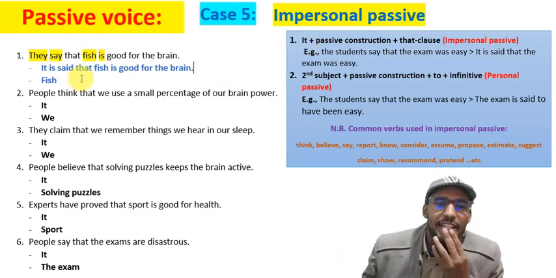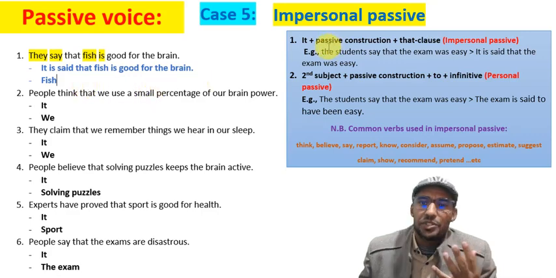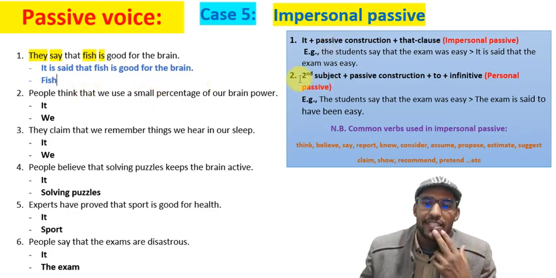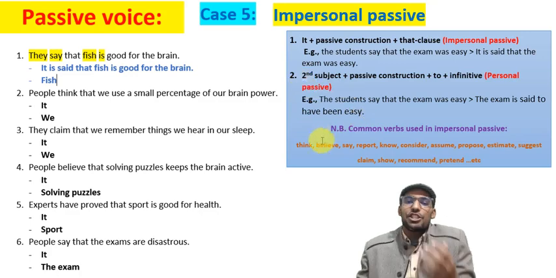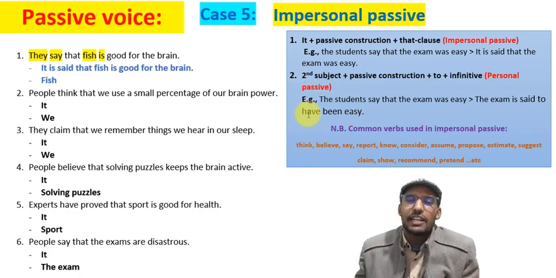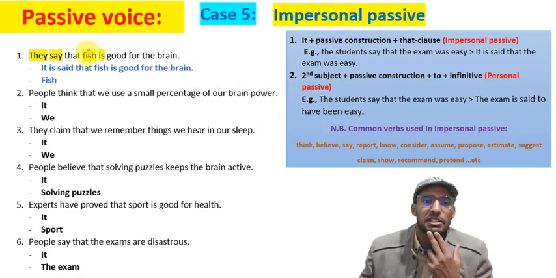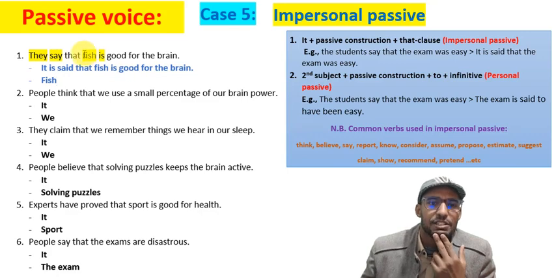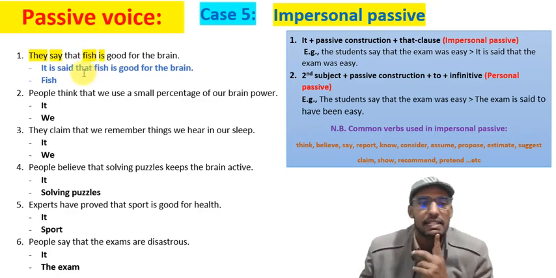Okay, what if right now we want to apply the second rule, or the second suggestion, meaning to start with the second subject? The second subject here is fish, the first subject of the second statement.